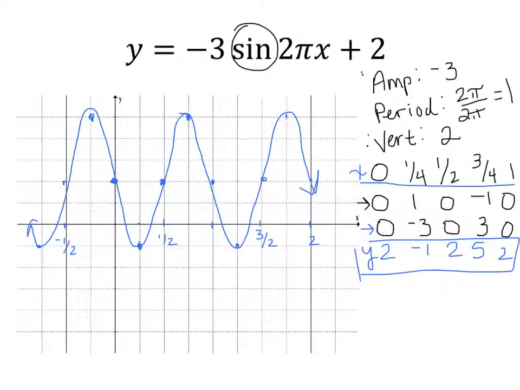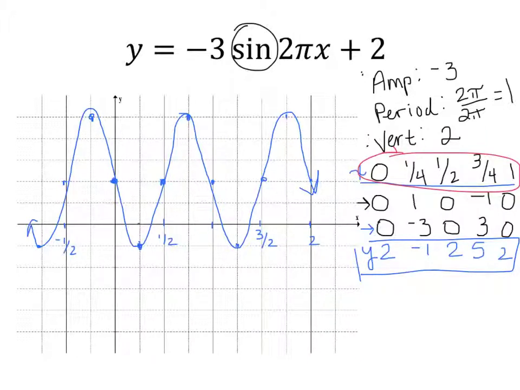I plotted points. If there were to be a phase shift on something like this, the thing that would change would be these x coordinates. If there was a phase shift of, I don't know, 1/2 going to the right, that would be in this direction.